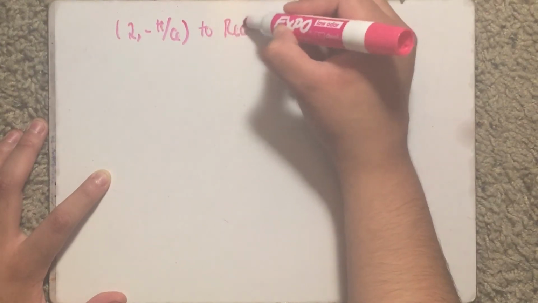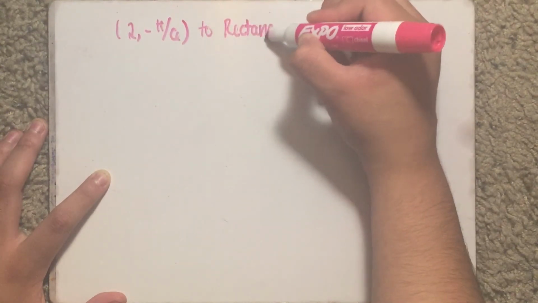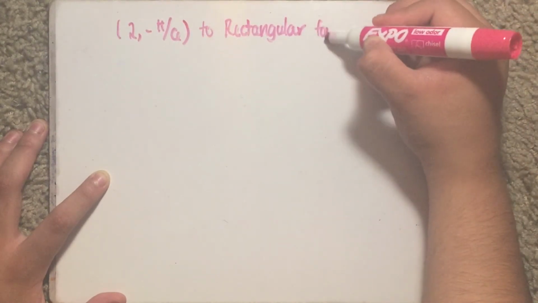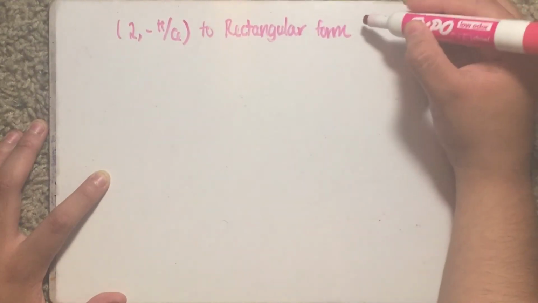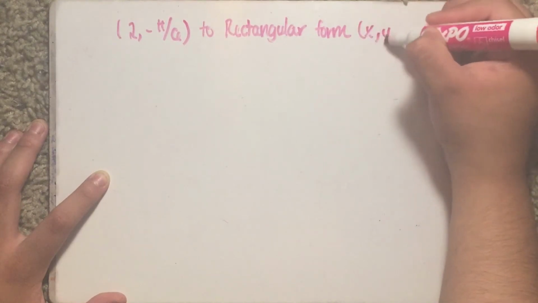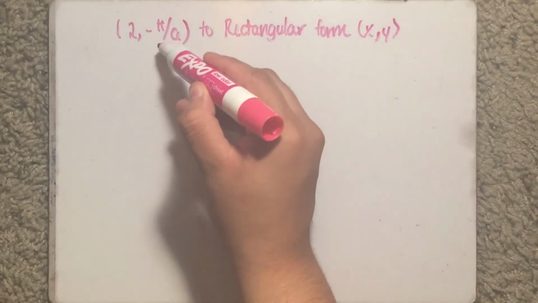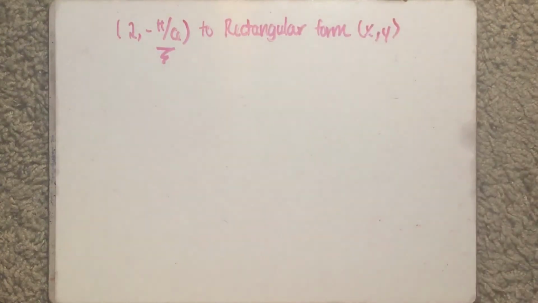We're going to convert it to rectangular form, which is x comma y. So the first thing that must be noticed is that we cannot let the negative pi over 6 stay there, so we have to make it positive.